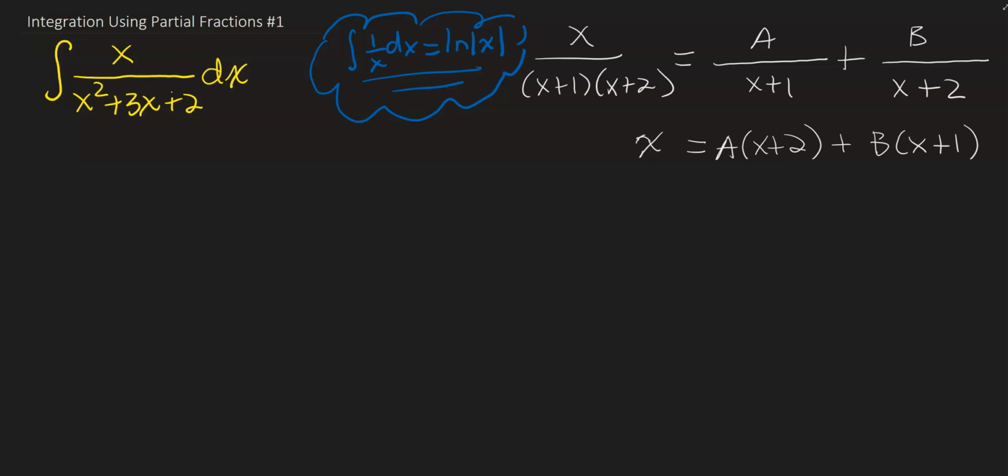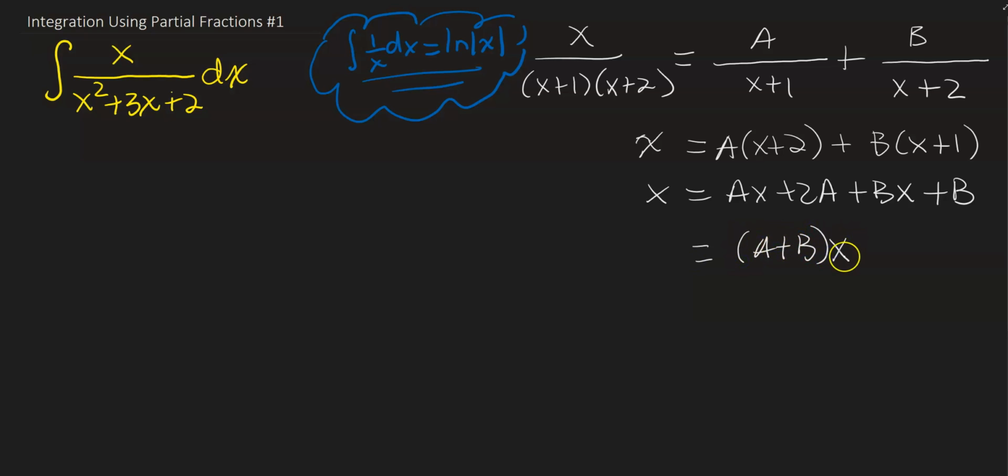We will then multiply out the right hand side and combine like terms. So you will have ax plus 2a plus bx plus b. Factor out the x to get a plus b x plus the constant, which is 2a plus b, equals to what's on the left hand side?